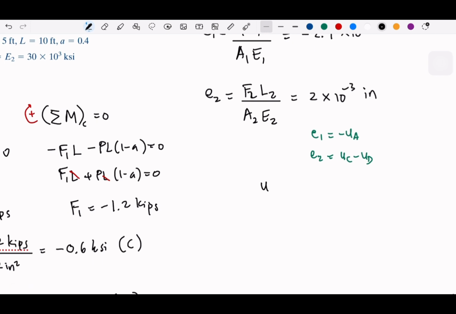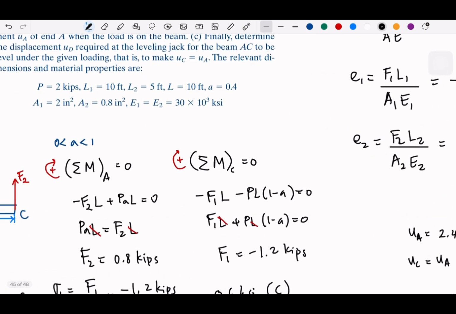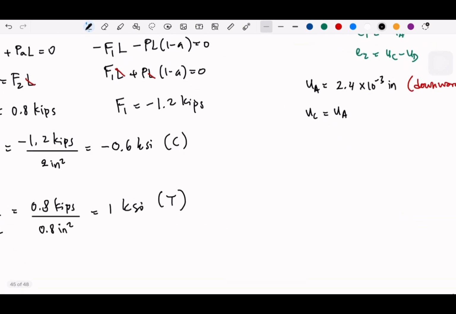So UA will be 2.4, and the UA will be downwards. And then UC is equal to UA, from the question, also given the information that UC equals UA.